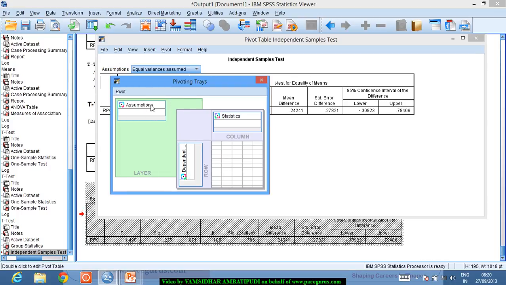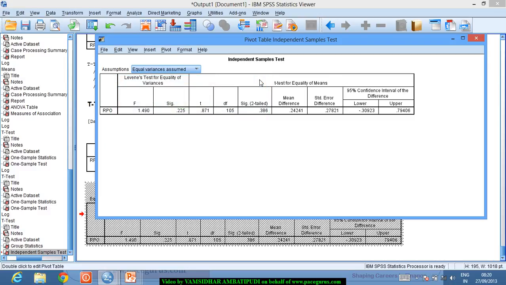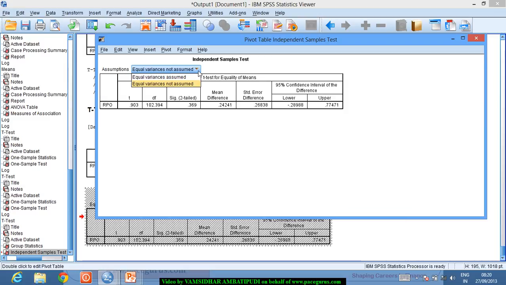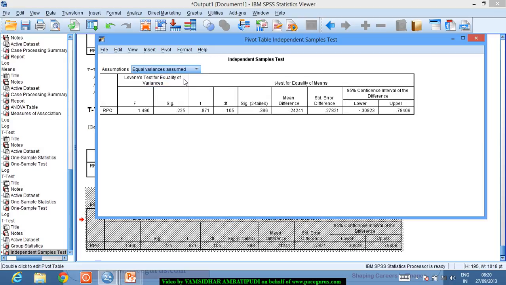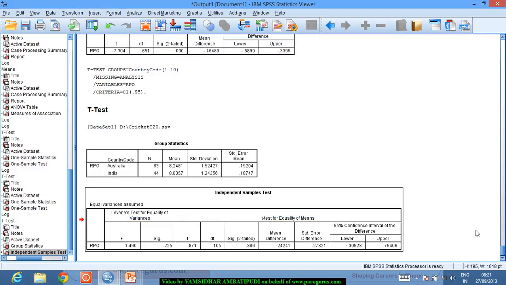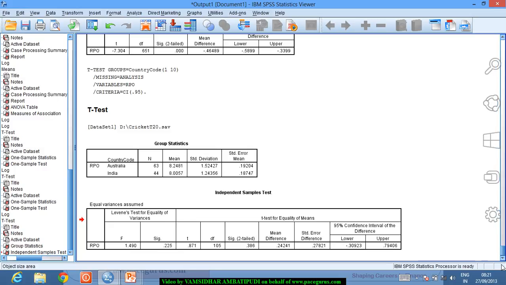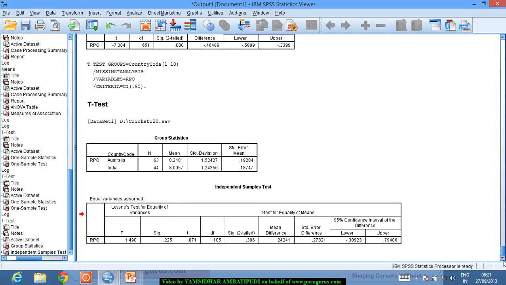If I bring the assumptions here, let's see what is going to happen. It is coming out that the equal variances assumed versus equal variances not assumed is showing in the tray here. So now I'll go with equal variances assumed. Only this part is sufficient for me. So I'll close this under this scenario that the equal variances are assumed. Based on that, I will look out for the t-test.